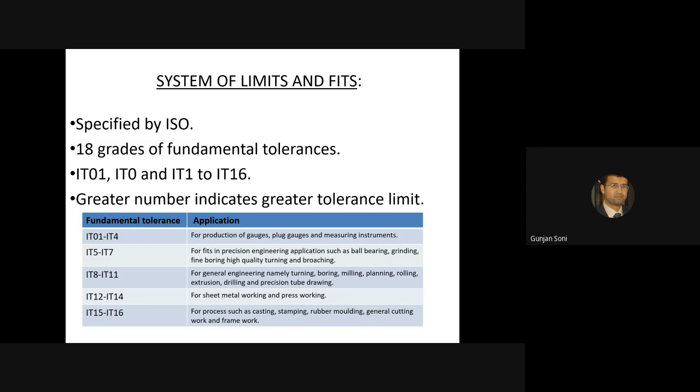And IT8 to IT11 is used for general engineering purposes, like turning, boring, milling, planing, and all these machining operations. If you are going for IT12 to IT14, then you are going towards a cruder part, like sheet metal working and press working, where you are not getting very close tolerances, or the upper and lower dimensions are not very close.